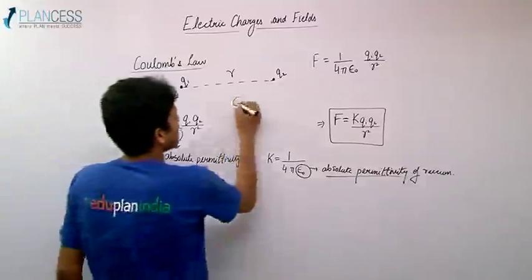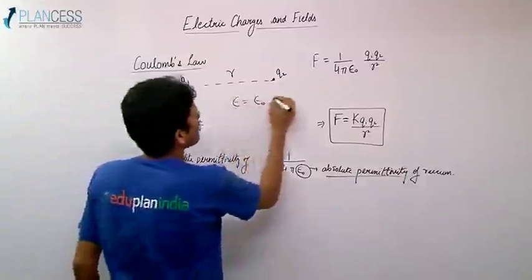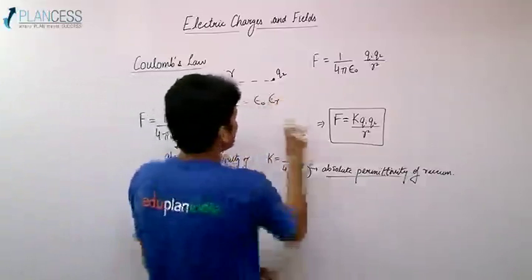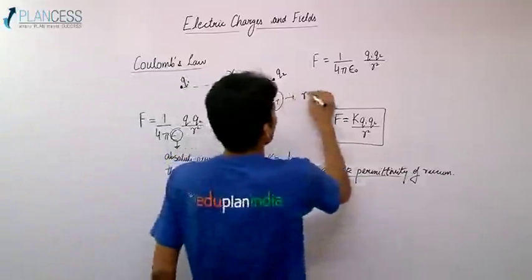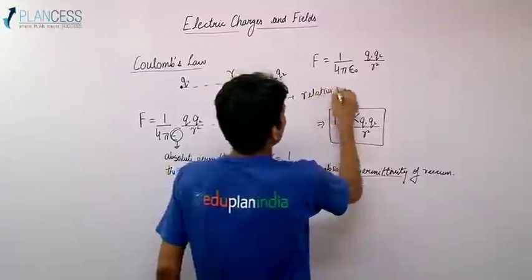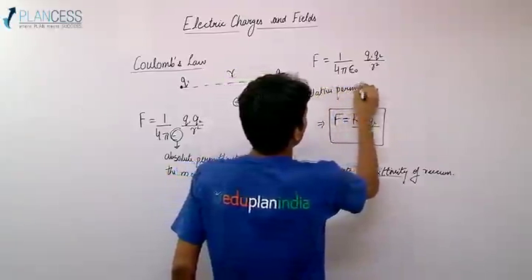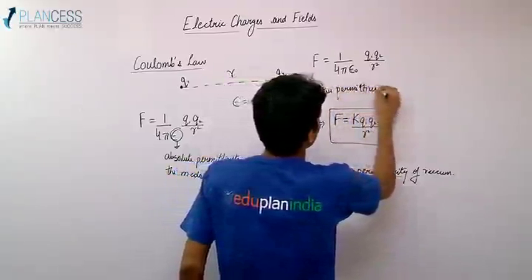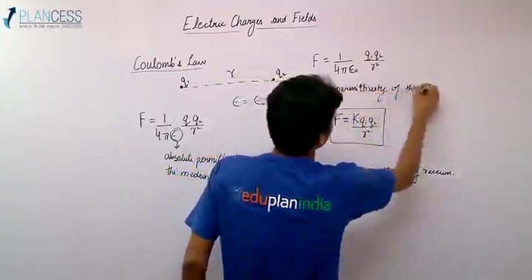This epsilon can be written as epsilon naught into epsilon r, where epsilon r is the relative permittivity of the medium.